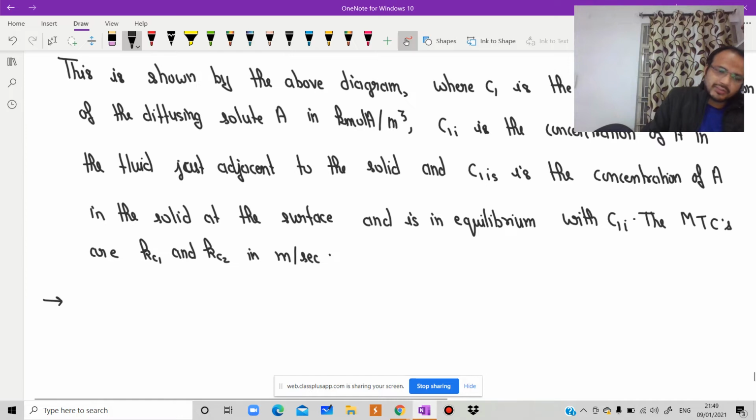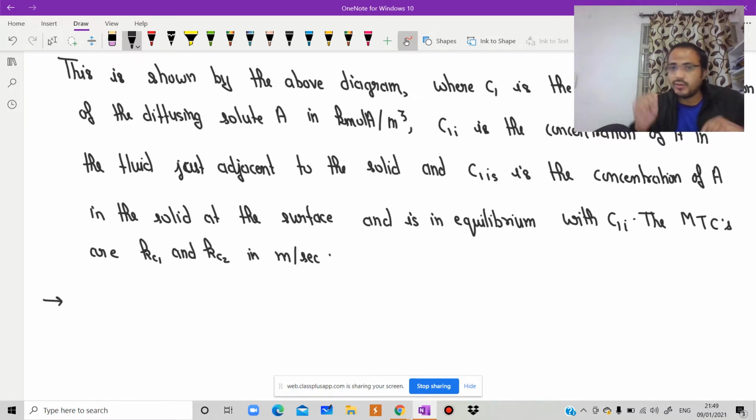If you remember mass transfer classes, I told you about the distribution coefficient K, and based on that we understood the concentration profiles.